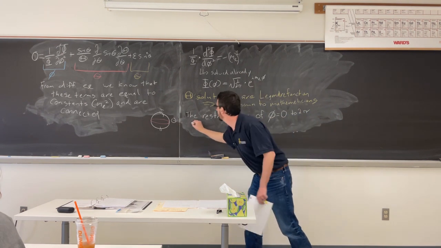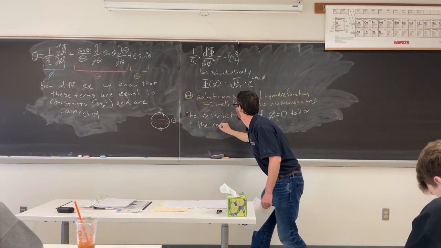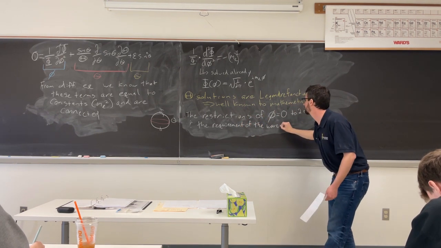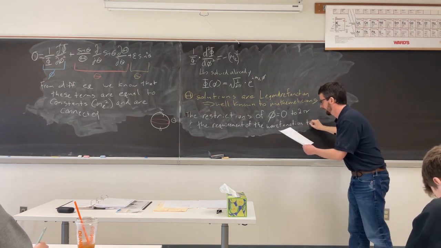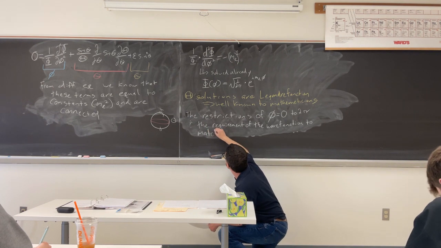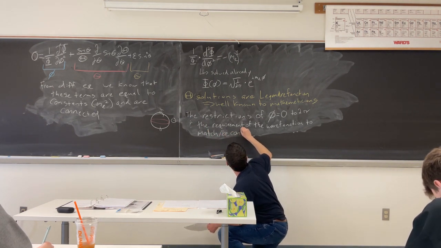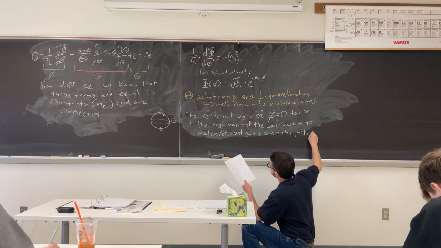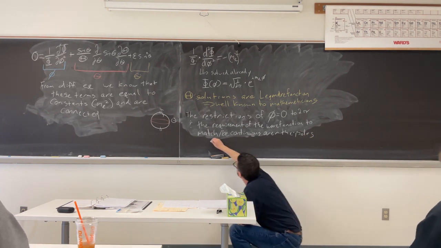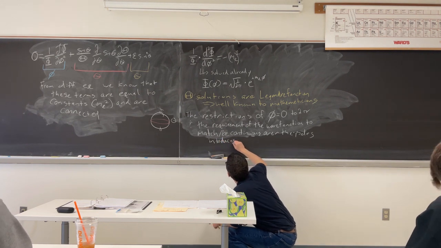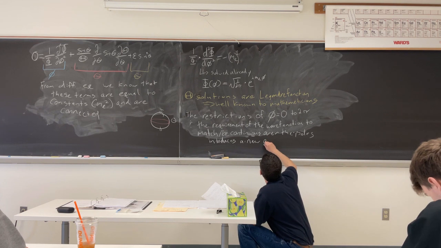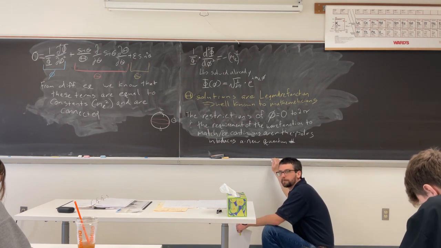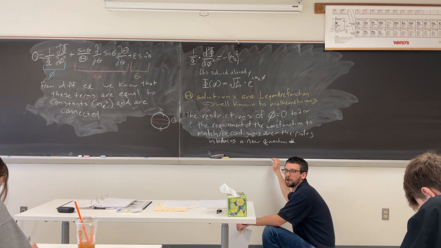The restrictions of this and the requirement for the wave function to match over the poles, to be continuous, introduces another quantum number. We talked about 4 quantum numbers in Gen Chem, and you probably talked about 4 in inorganic.